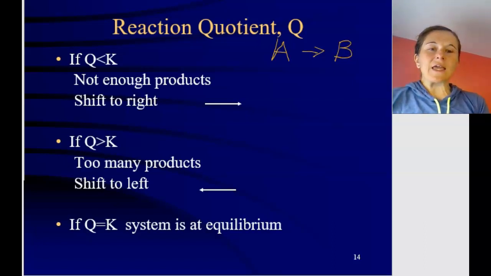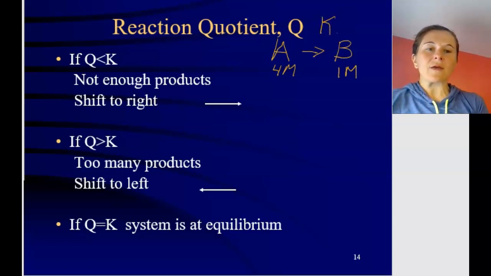And let's say that our concentrations right now at this moment in time, we've got A is 4 molar and B is 1 molar. Keeping these numbers simple just to make a point. And we're going to go with this reaction, the equilibrium constant equals 2.